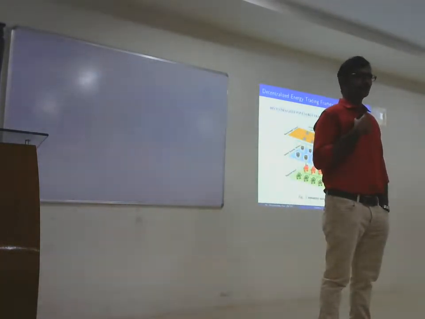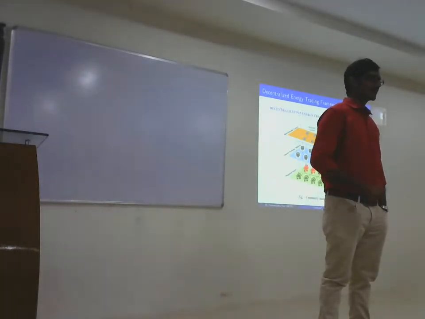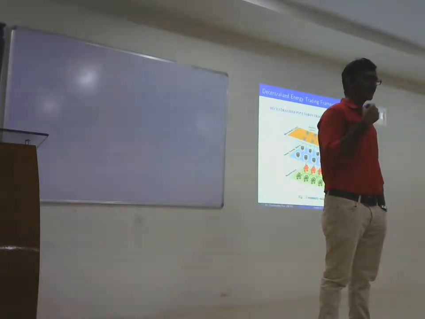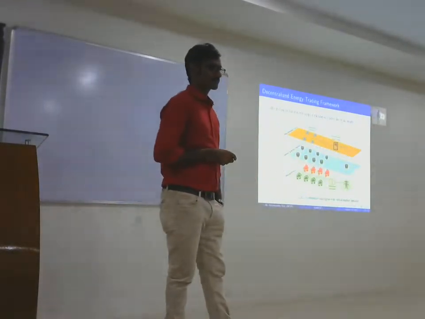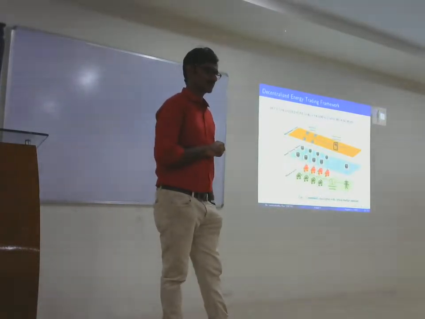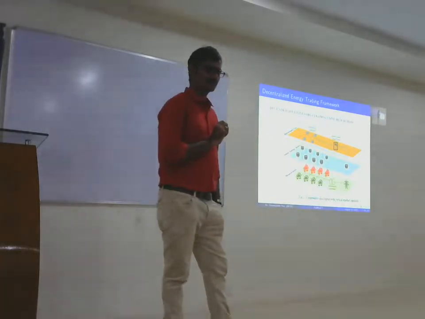I have all the rights to select sellers. If you are a buyer, you can select the seller. If you are a seller, you can select the buyer you want to sell to. That information is clearly visible in the blockchain network. Is that clear? Am I making it clear?